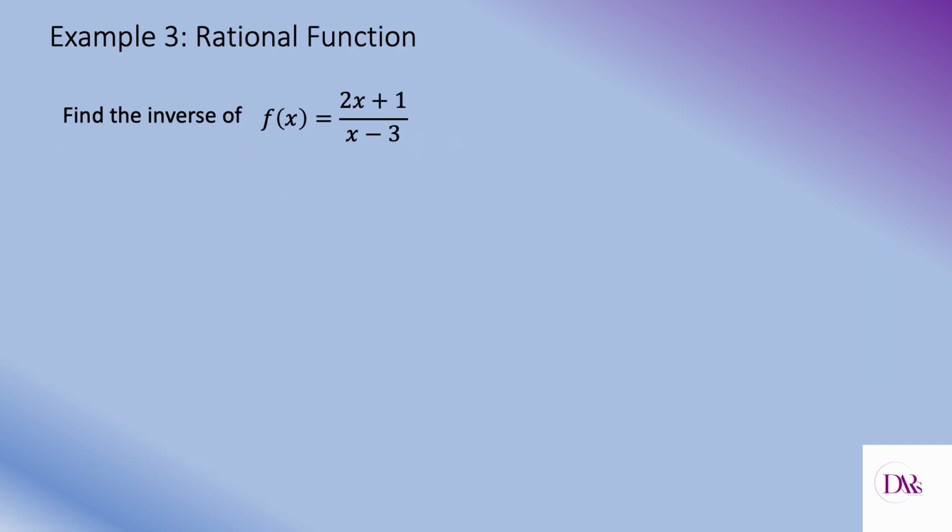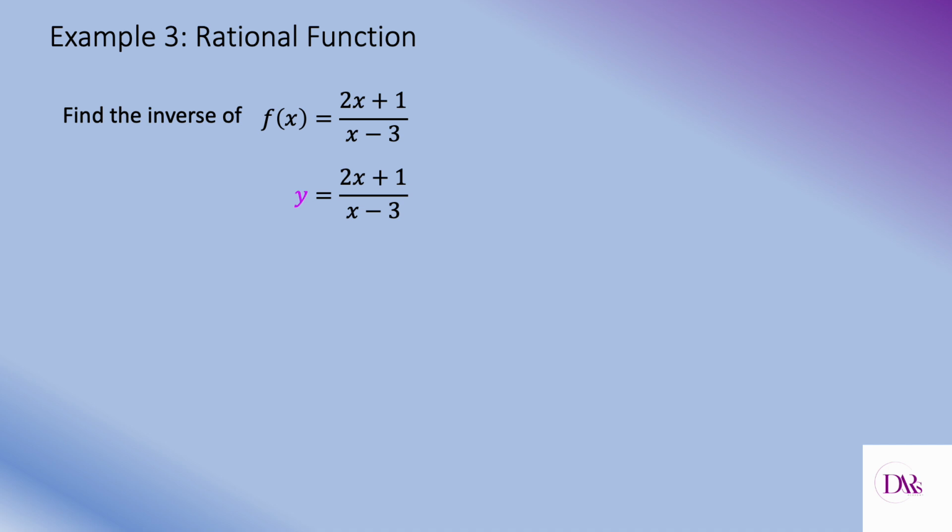Now let's find the inverse of a rational function. In this case, we have f of x equals 2x plus 1 divided by x minus 3. Our very first step, we are going to replace f of x with y. So now y equals 2x plus 1 divided by x minus 3.